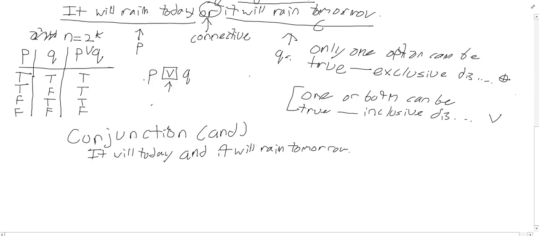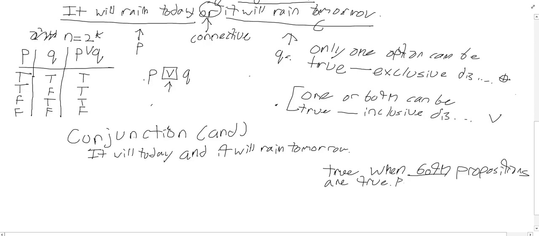Now our conjunction here, our and, as I'm sure you can guess, is going to be true when both propositions are true. And it'll be false otherwise.